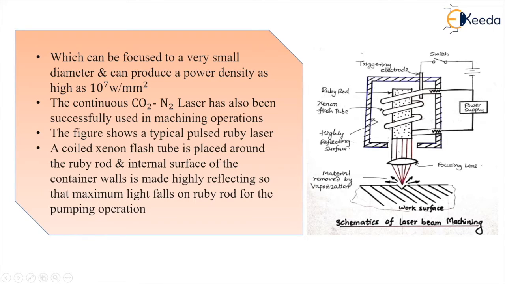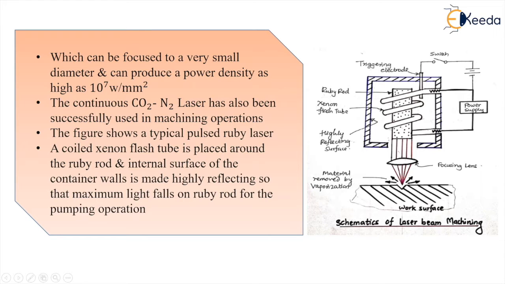The internal surface of the container wall is made highly reflecting, so that the maximum light falls on the ruby rod for the pumping operation.